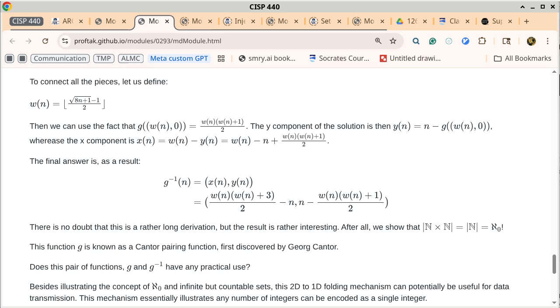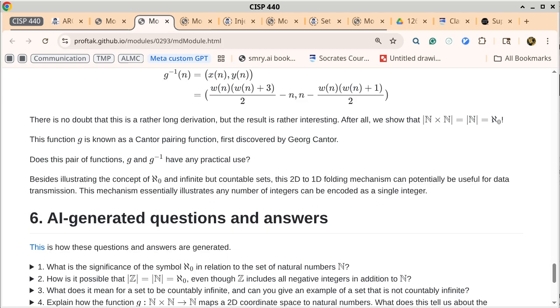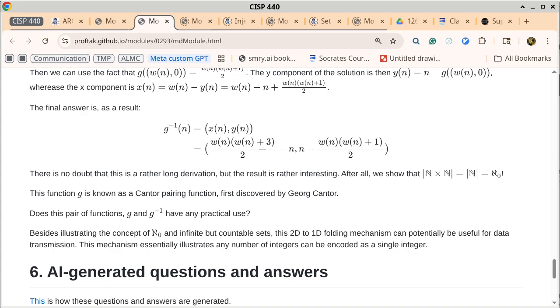So the importance of this is we can now show that the cardinality of the Cartesian product between a natural number set and a natural number set is really the same as the cardinality of the natural number set itself. But that's not the only significance, because you can repeatedly do this and fold a two-dimensional space into a single-dimensional space.